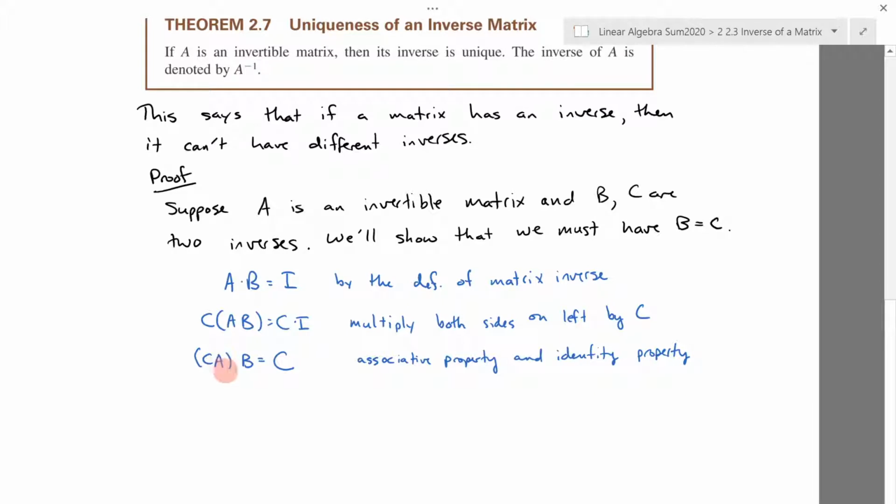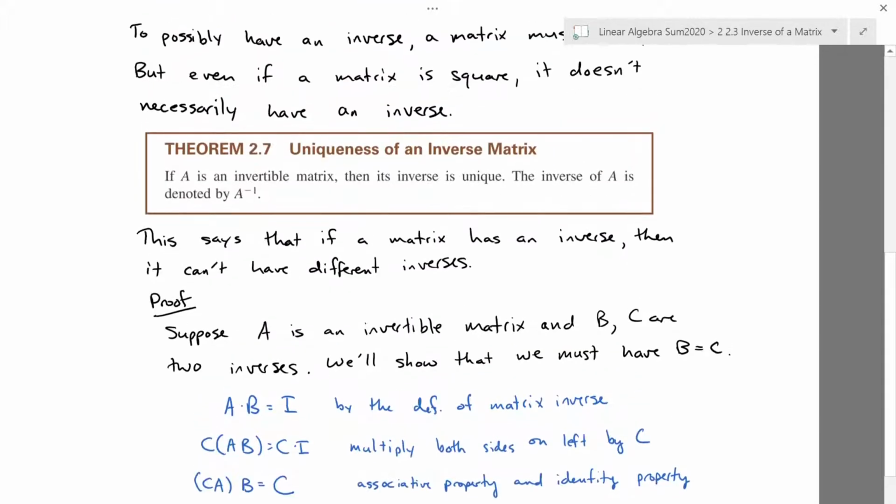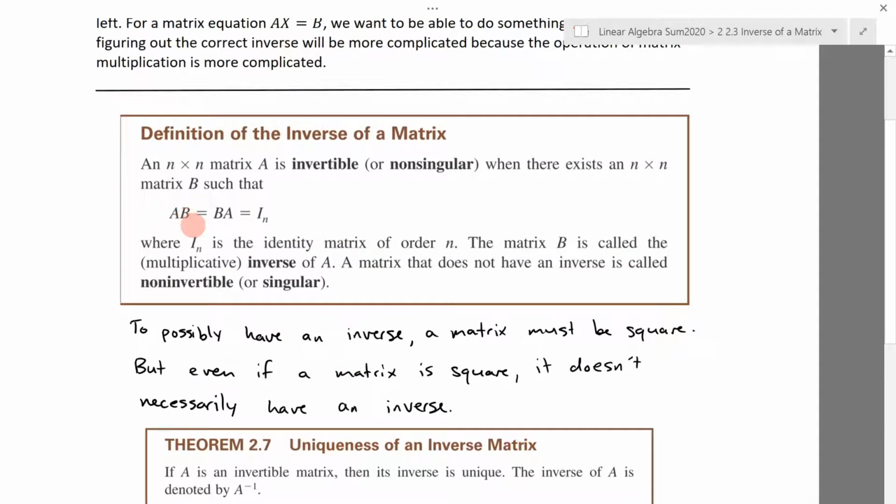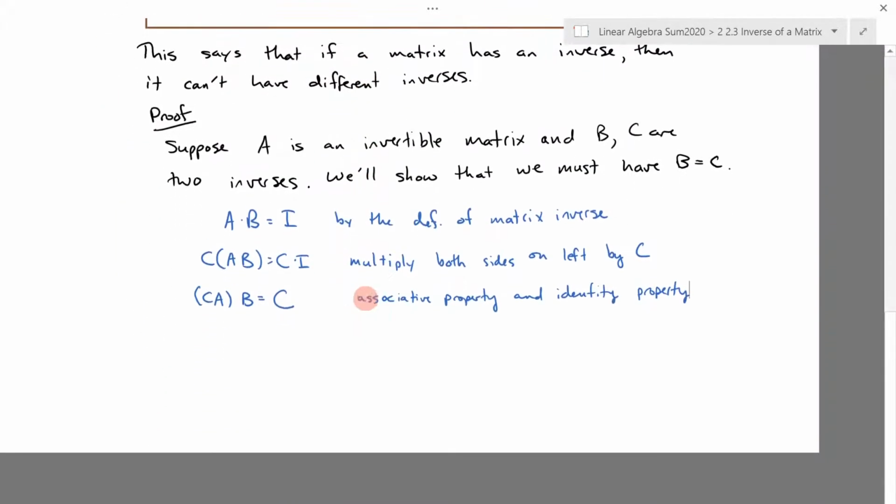But again, C is also an inverse to A. From the property of inverses, when you multiply inverses to each other, they should cancel and I get the identity matrix. So C times A is just the identity matrix.